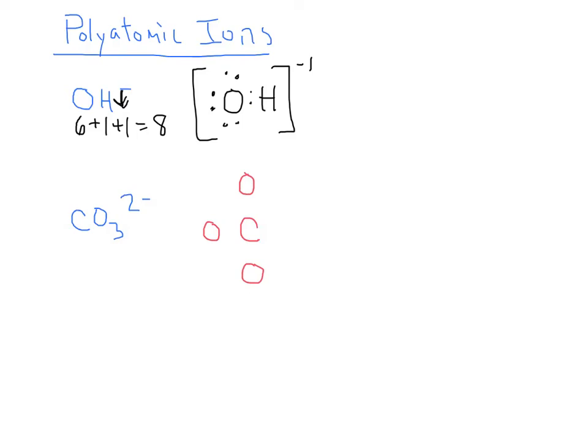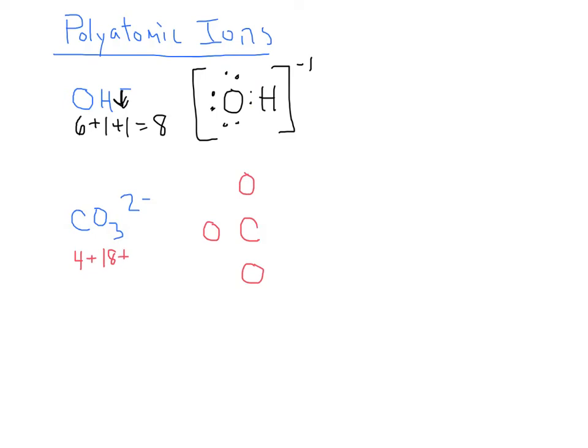The next thing we need to do is figure out the number of valence electrons that we are working with in this structure. So carbon, we should know by now, has a total of 4. There's 3 oxygen atoms. Each one brings 6. So that's 6 times 3. So that would be 18 electrons on the 3 oxygen atoms.